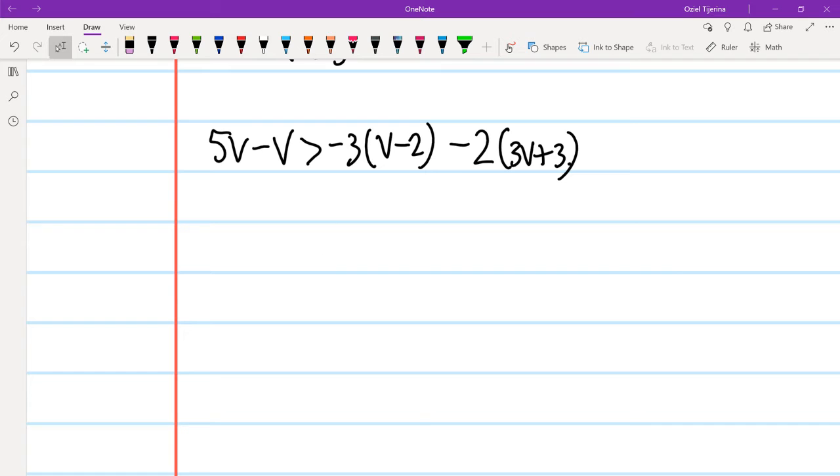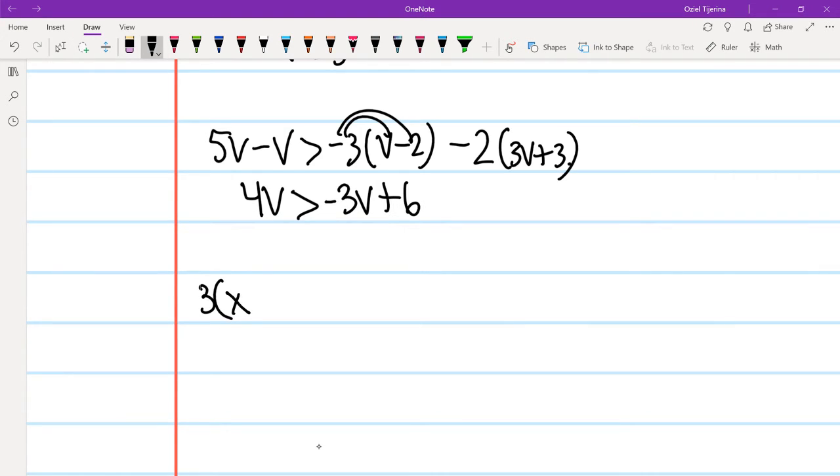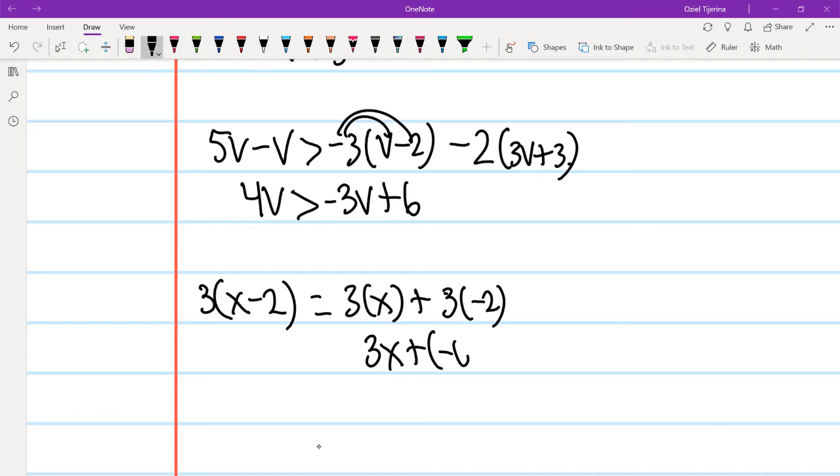What you have to do first is make sure that you combine these like terms. So this is 4v is greater than, and you do your distributive property, negative 3v plus 6. And remember when I said that this is equal to 3 times x plus 3 times negative 2, so it would be 3x plus negative 6, and then you would say 3x minus 6.